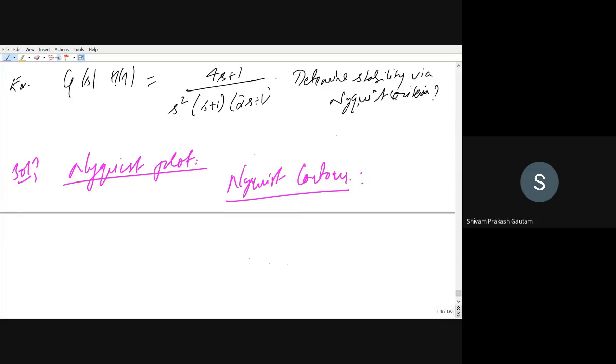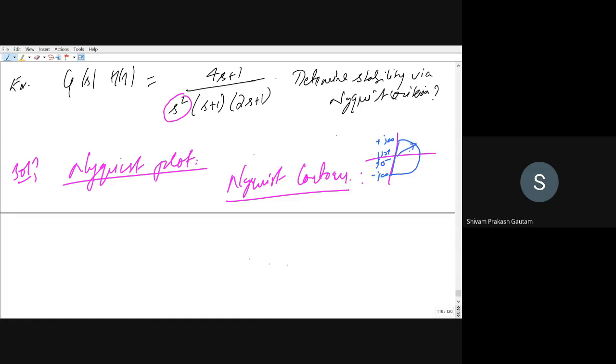Now you can see here we have poles at the origin. Usually the Nyquist contour looks somewhat like this, where this is j0 plus, this is j infinite, this is j0 minus, and this is minus j infinite.